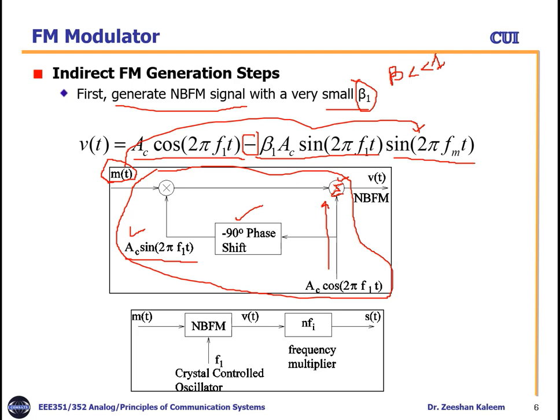These two multiplied come here at the subtractor. So we have a narrowband FM signal for a message signal sine 2 pi fm t. This is the general block diagram, and you can say that this is the extension of the earlier block diagram, right?